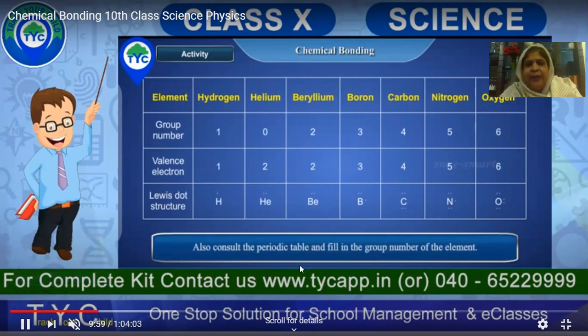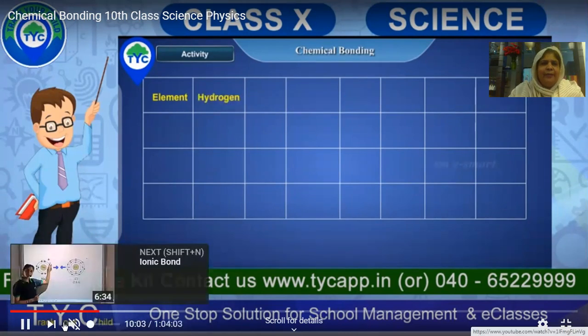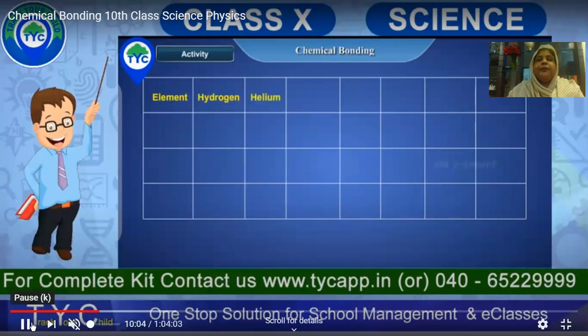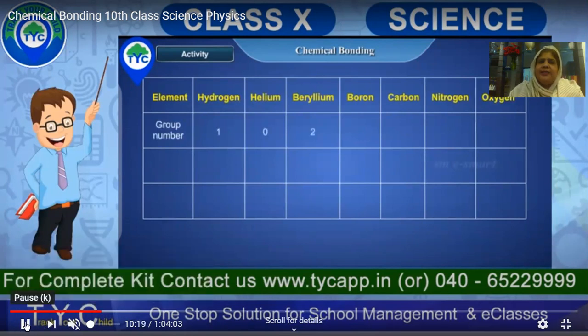You can see hydrogen belongs to group 1, helium group 0, beryllium group 2, boron group 3, carbon group 4, nitrogen group 5, and oxygen group 6.